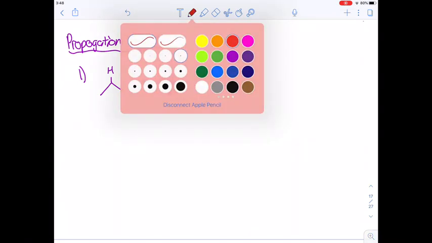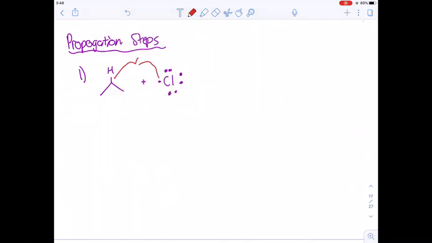So part 1. This is already after you have your radical made, because that happens in the initiation step.